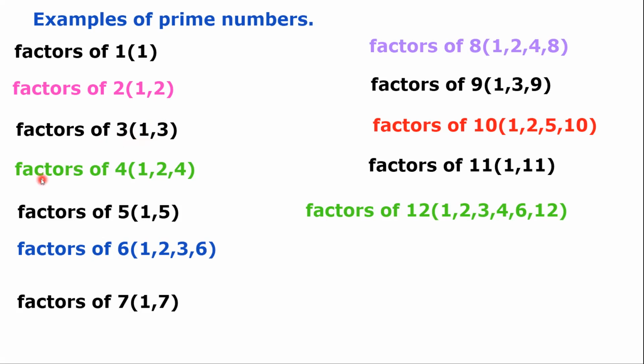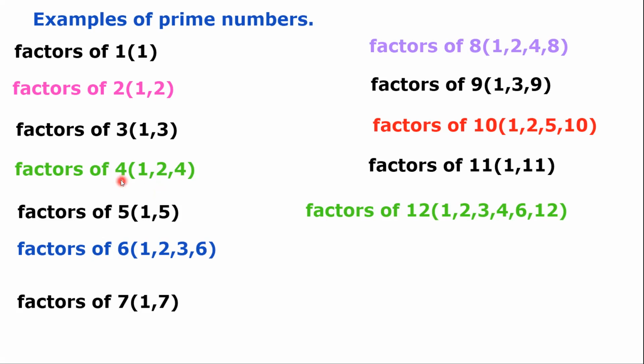Okay, let's see the factors of 4. The factors of 4 include 1, 2, 4. They have more than 2 factors here. The elements here, the elements are the same as the members, like a group of people in a set or a group of numbers in a set.